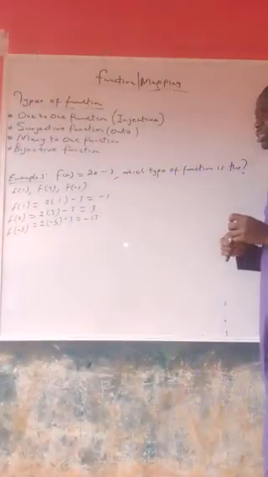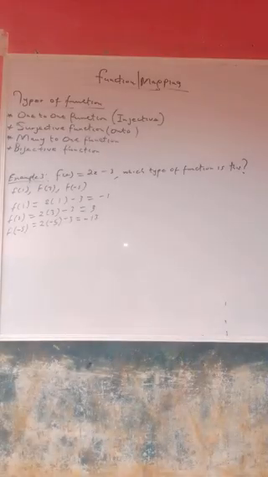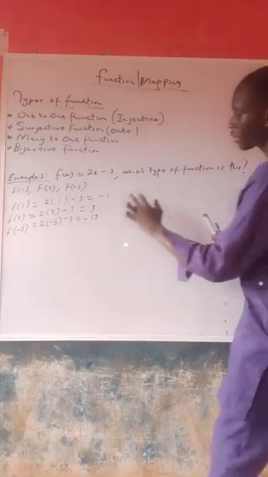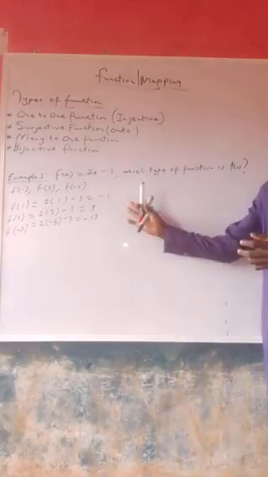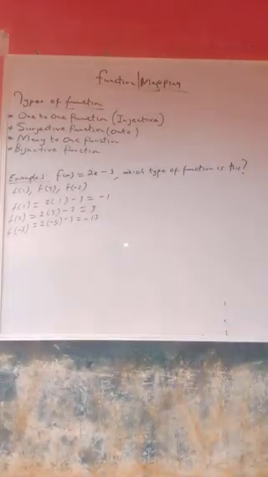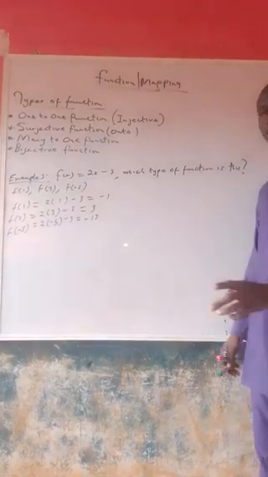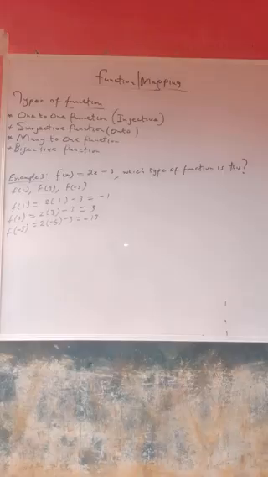Alright, so these are the inputs and these are the outputs. If you look at this now, for every input we are having a distinct image, a distinct output. So this kind of function is said to be injective.